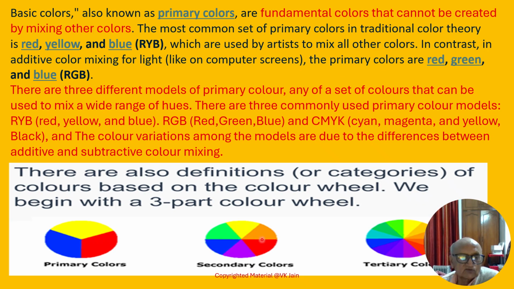Friends, this is about primary, secondary and tertiary colors. Let us start with the primary colors. Basic colors, also known as primary colors, are fundamental colors that cannot be created by mixing other colors. The most common set of primary colors in traditional color theory was RYB, red, yellow and blue, which are used by artists to mix all the colors.